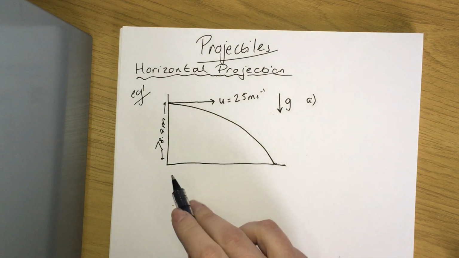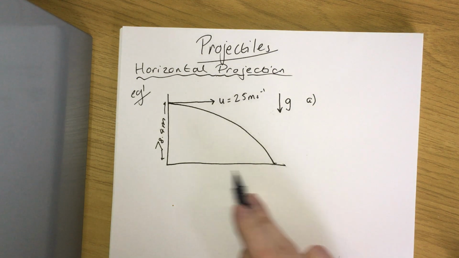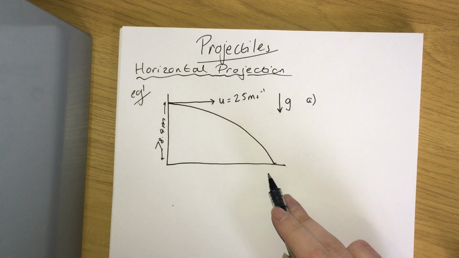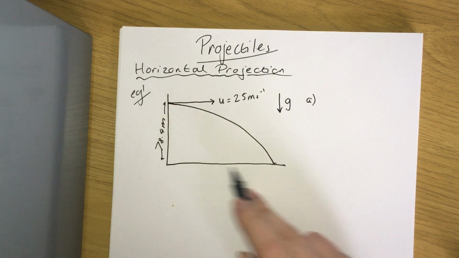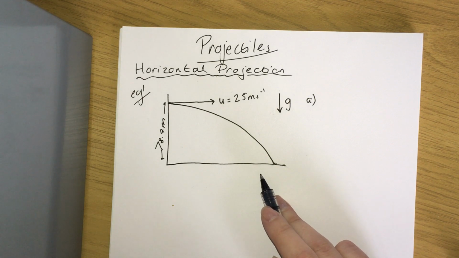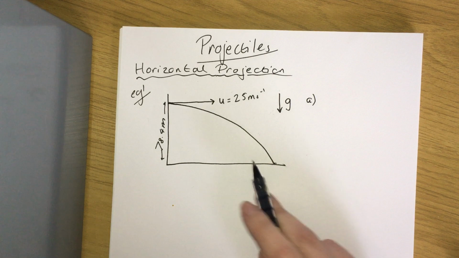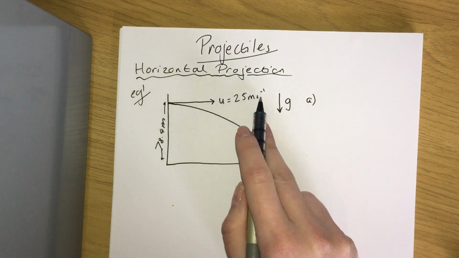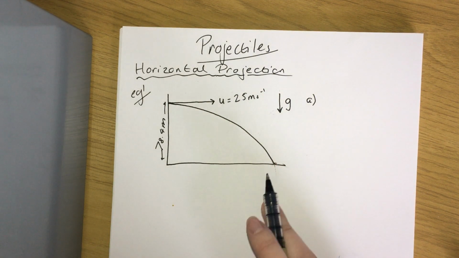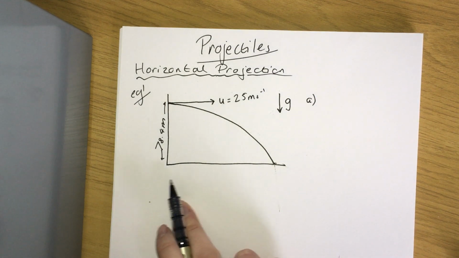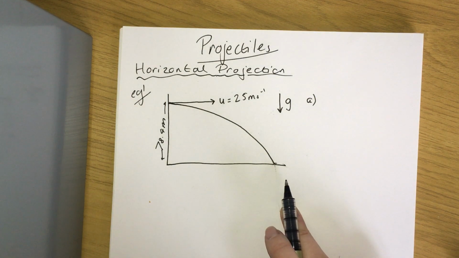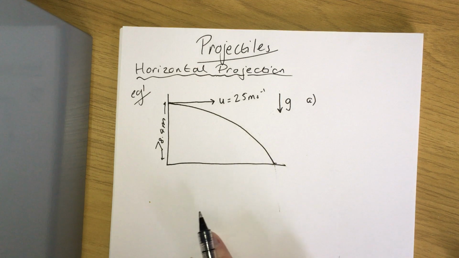Now, your natural instinct might be to look at the motion horizontally. But we don't know the horizontal displacement. So we've got two unknowns, horizontal displacement and time. Whereas the time taken for it to fall vertically is the same as the time taken horizontally. So time is interchangeable between the two.